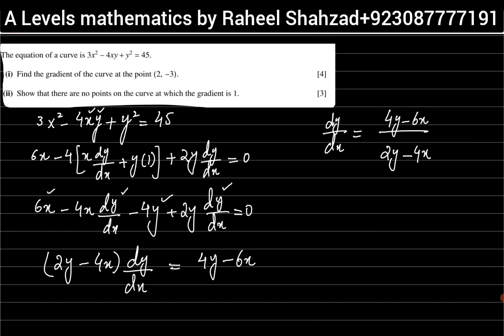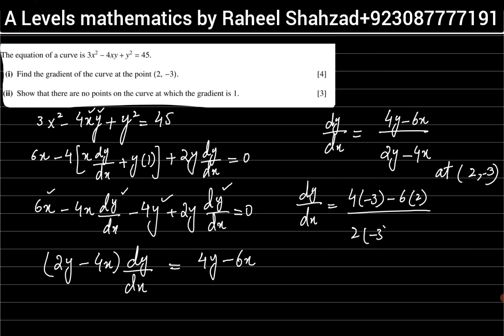Now we need to find the gradient at the given point, 2 and minus 3. We are going to substitute 2 and minus 3 here. So dy by dx is going to be (4y minus 6x) divided by (2y minus 4x), which is equal to minus 12 divided by minus 6 minus 8.